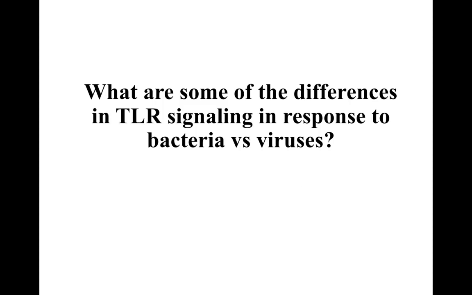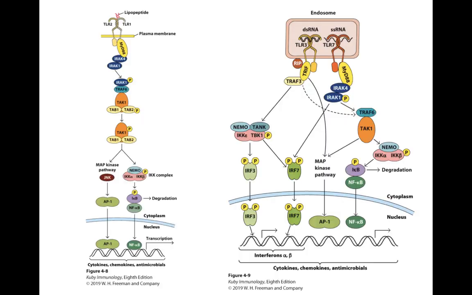What are some of the differences in TLR signaling in response to bacteria versus viruses? If we look at the pathways, this is an example of the pathway in response to bacteria that's extracellular. And this pathway over here is responding to viral RNA that's in an endosome. One of the main things that is different between these two is that you get interferons generated after a viral response, which makes sense because we know those type 1 interferons are important in telling nearby cells that there's a viral infection.